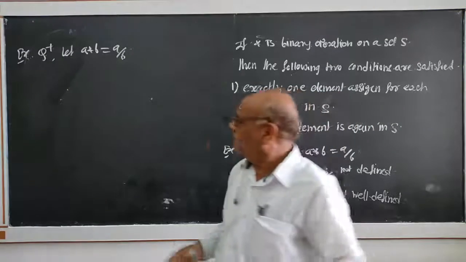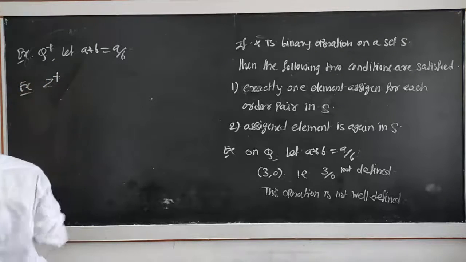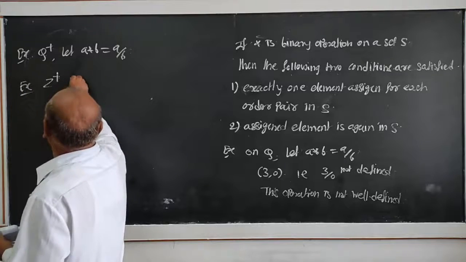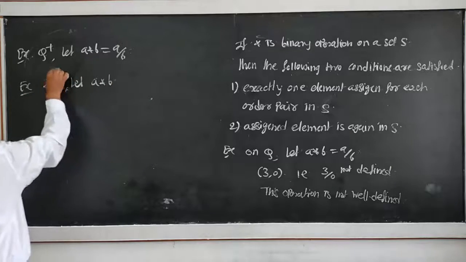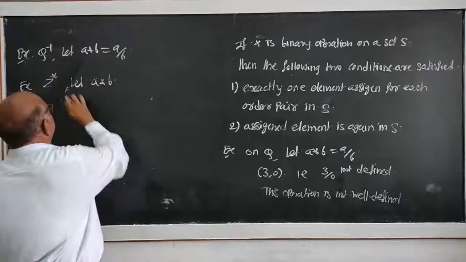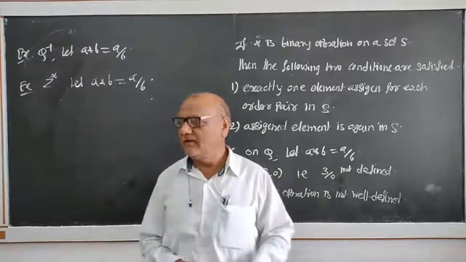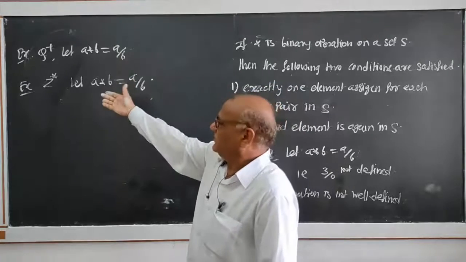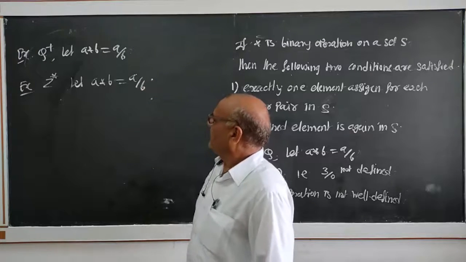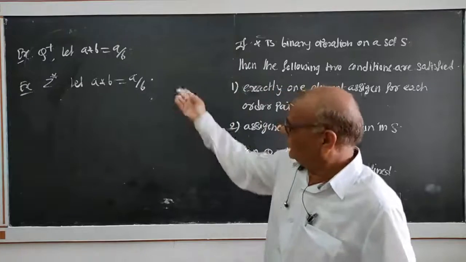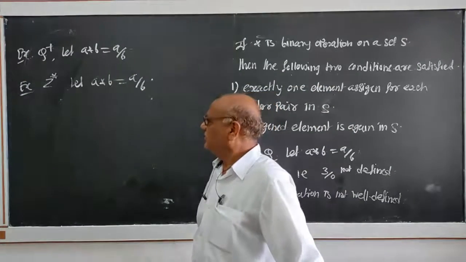If you take another example here, Z star, let A star B be equal to A by B. In Z star, 0 is not present, so here A star B is A by B, an assigned element, but this element does not belong to Z star.